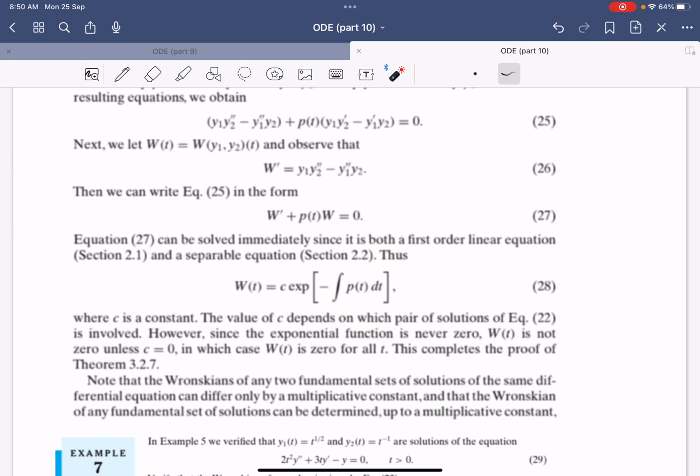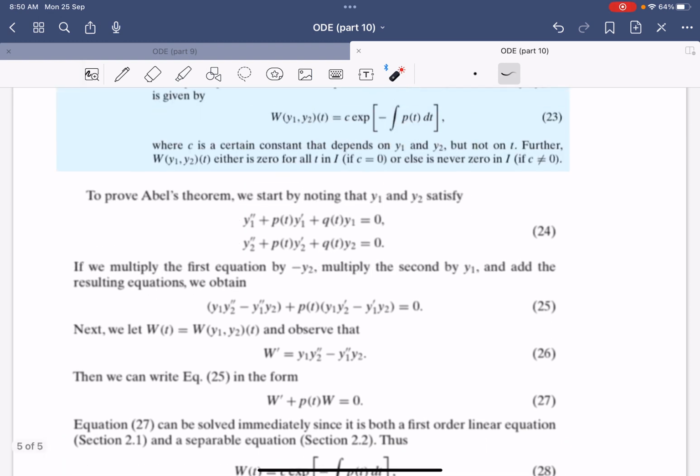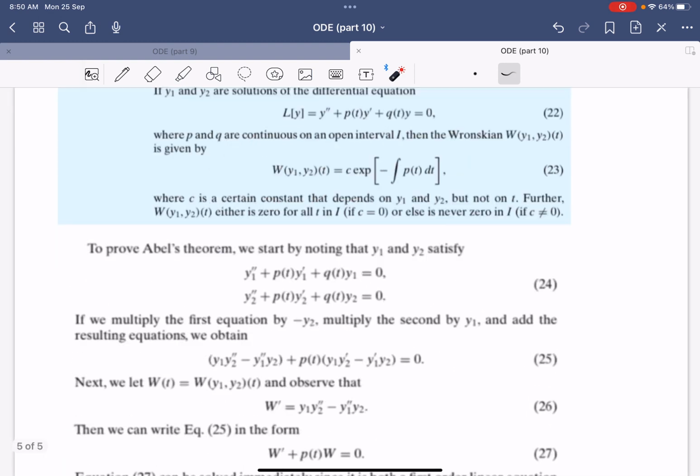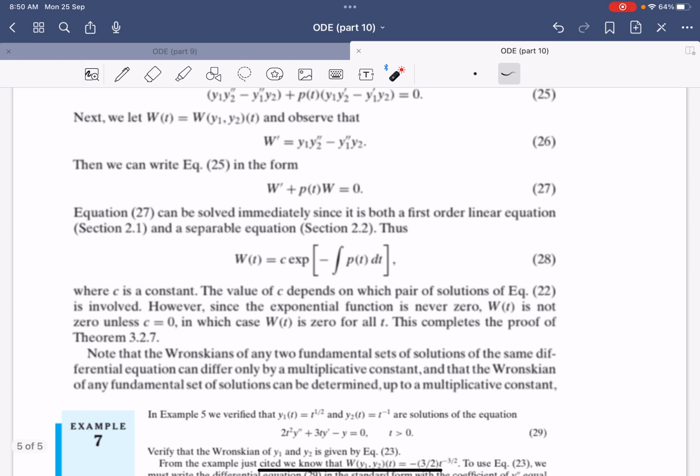And the value of c depends on which pair of solutions to equation 2 we have. However, because we know the exponential is never 0, W(t) is not 0 unless c is 0, in which case W is 0 for all t, and this completes the proof.